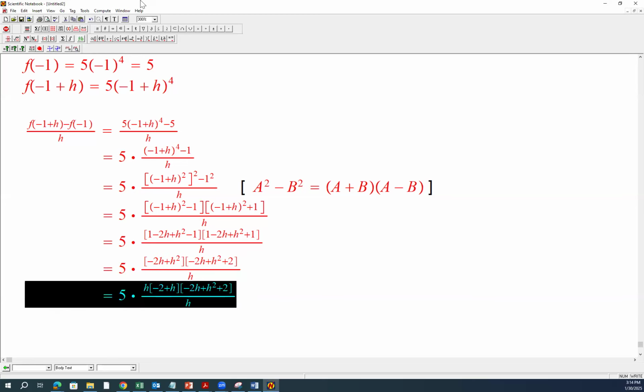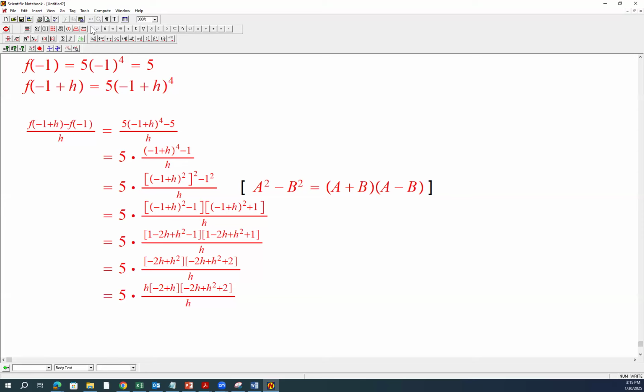Finishing this, h and h reduced, so this is 1.